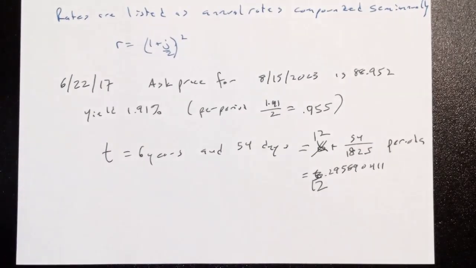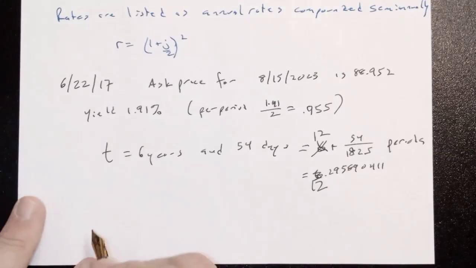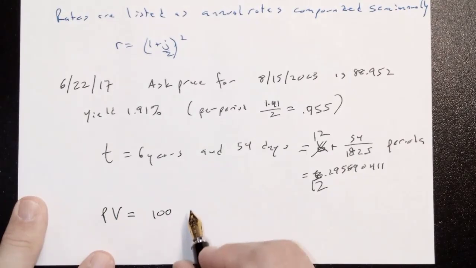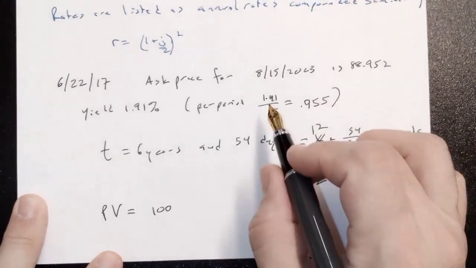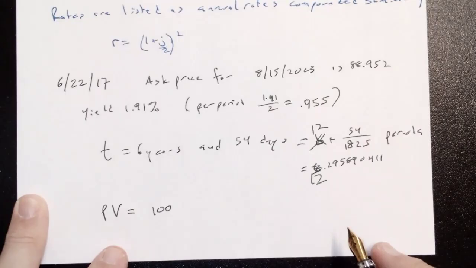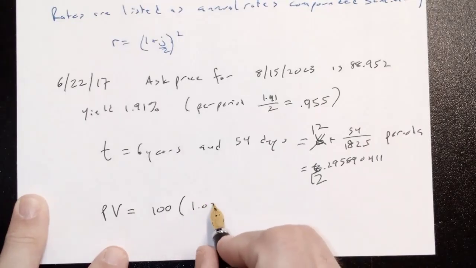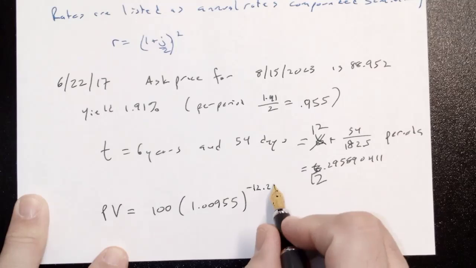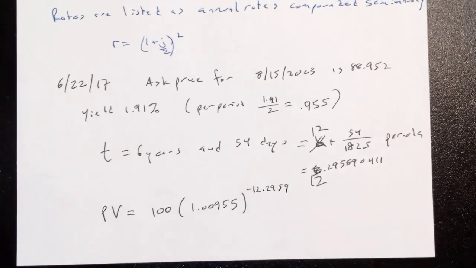Now, interestingly enough, if I do the present value of 100 at this rate, 1.00955 to the negative 12.295, let me round to 9 there.